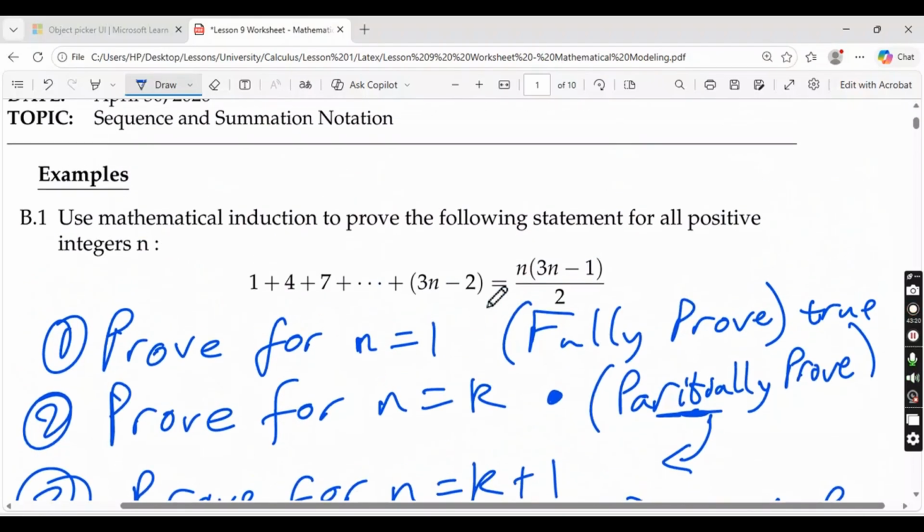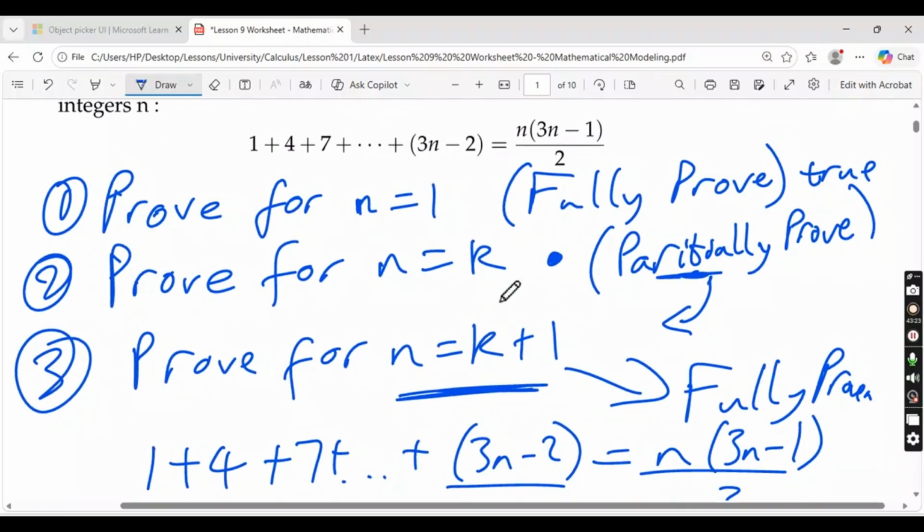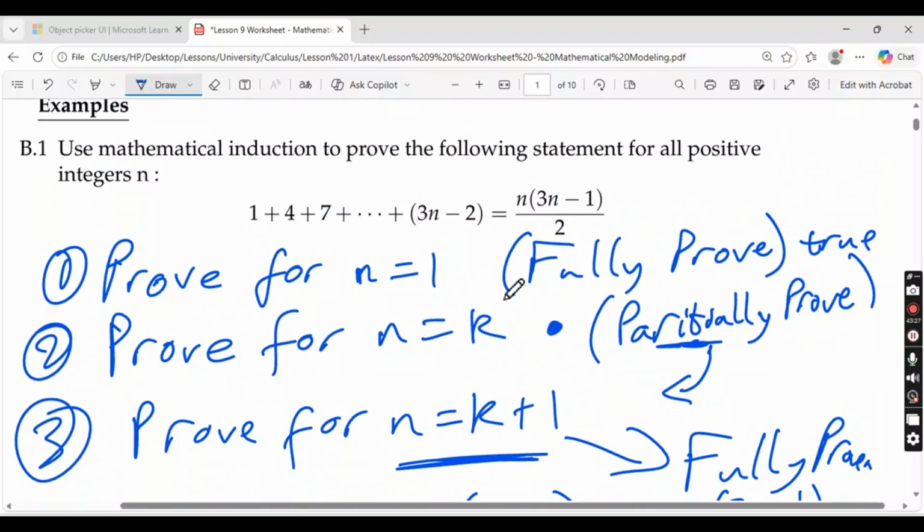Okay, I'm not sure if I understand, but let me try. By using this method, we are first proving that n is equals to 1, right? But proving it by n is equals to 1 is not enough, because there can be another number.